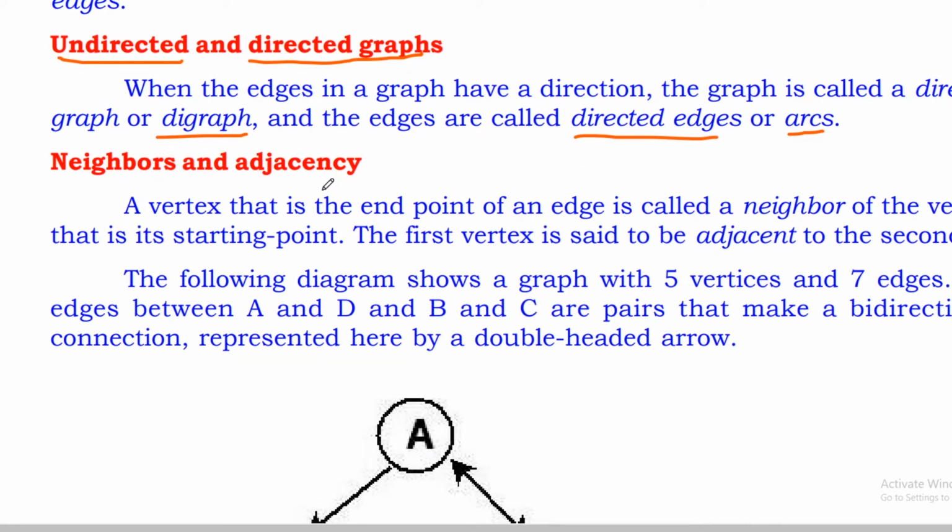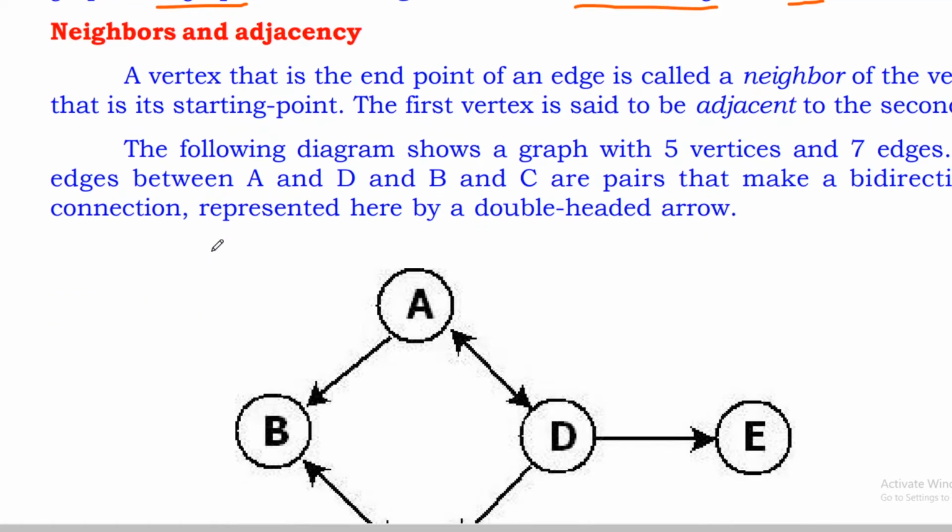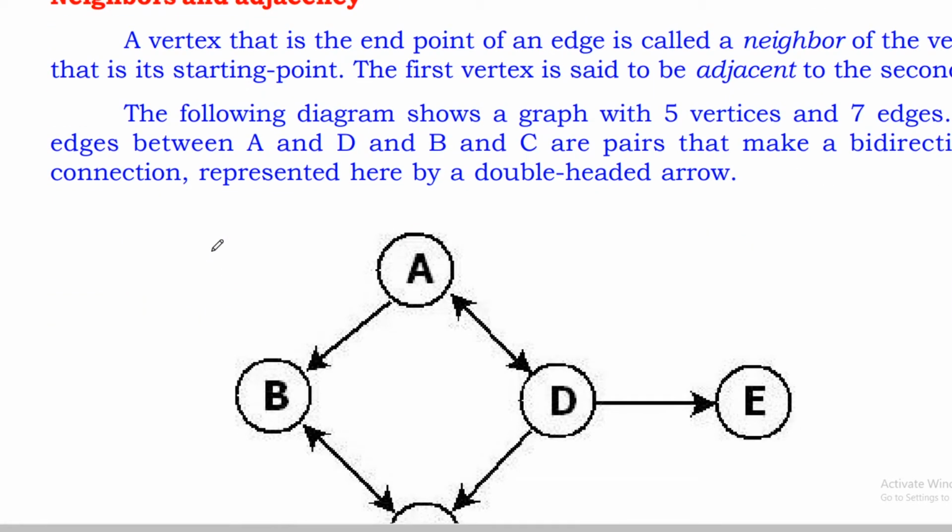Neighbor and adjacency. A vertex that is an endpoint of an edge is called a neighbor of the vertex, and that is the starting point. The first vertex is said to be adjacent to the second. The following diagram shows a graph with 5 vertices and 7 edges.